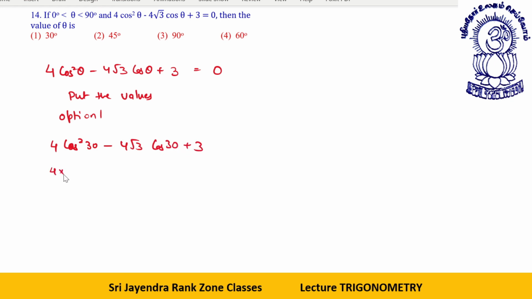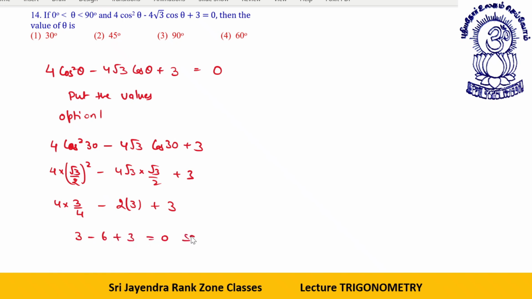Cos 30 is root 3 by 2, so that is 4 into (root 3 by 2) square minus 4 root 3 into root 3 by 2 plus 3, that is 4 into 3 by 4 minus 2 into 3 plus 3. 3 minus 6 plus 3 is equal to 0, hence satisfied. Therefore option 1 is the answer. Clear to all of you? Okay, next one.